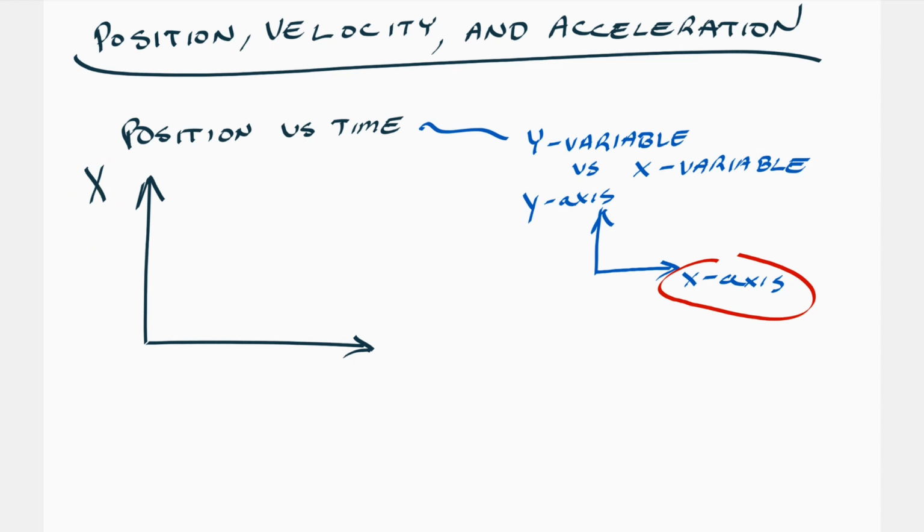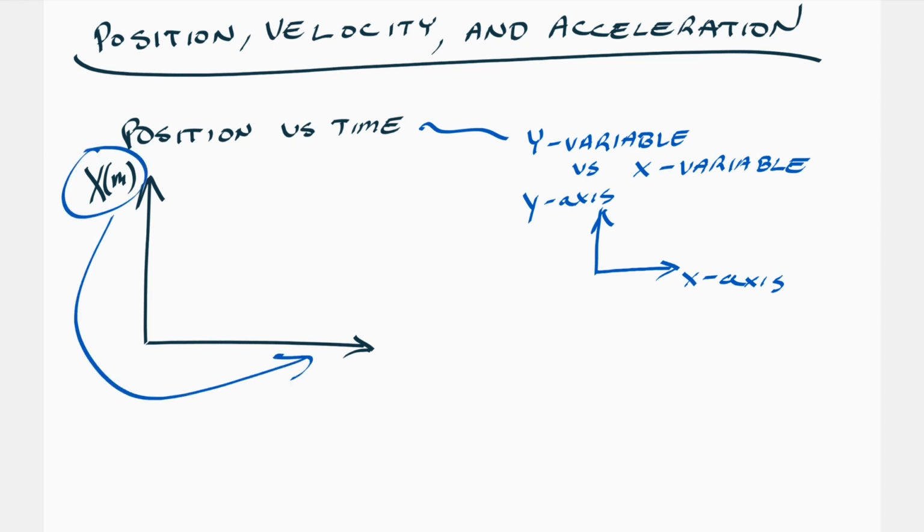X, Y, Z, position, whatever it is, that's referring to a position in units of meters. So X is referring to that position in meters. X over here is just the x-axis, or you could just call it the horizontal axis if you don't want to get confused. This is a common point of confusion I see, where people want to put X on this axis, because they're thinking, oh, it's the x-axis, so the X for meters should go down there.